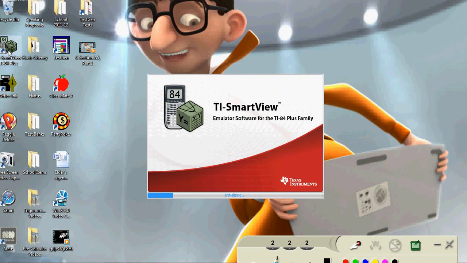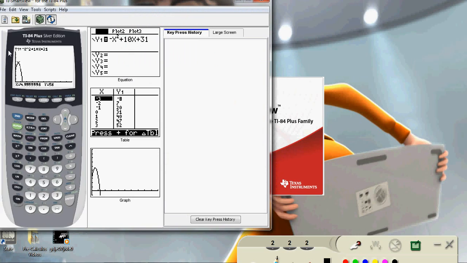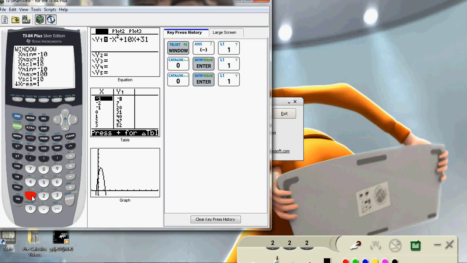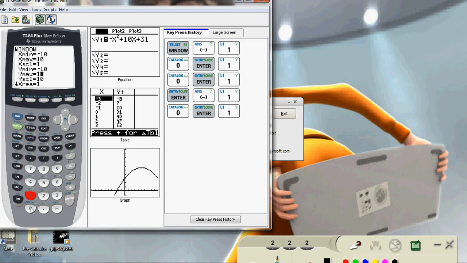So I need to get my calculator up here. We're first going to try and graph this particular function. Let's go to my window first, and I'm going to set it to the default window, so -10, 10, 1, and -10, 10, and 1.